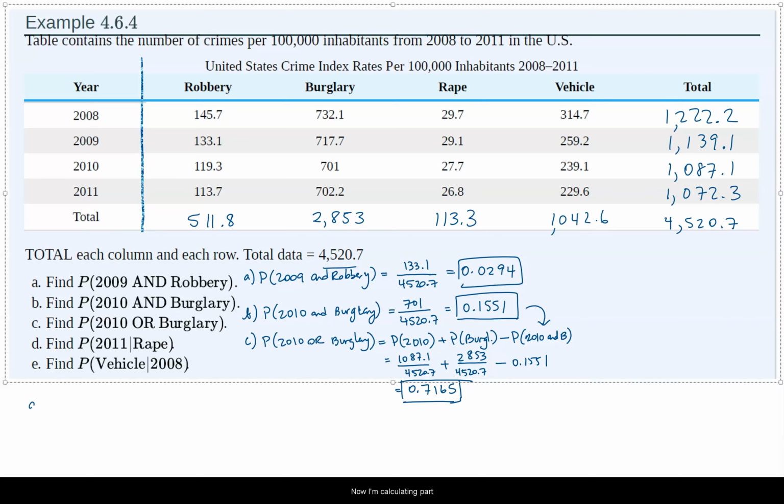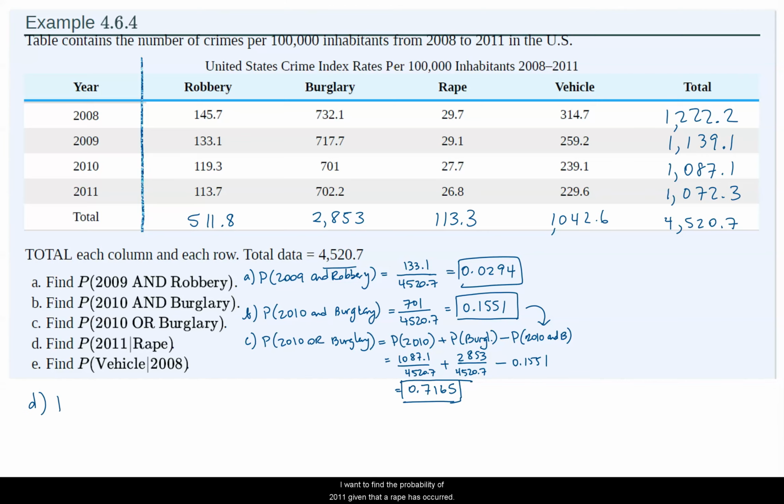Now in calculating part D, I want to find the probability of 2011 given that a rape has occurred, or given that you pulled a rape crime. What's the probability that we have a crime from 2011? So we can look at this in 2 different ways. The first way is the more conceptual way to think about it.